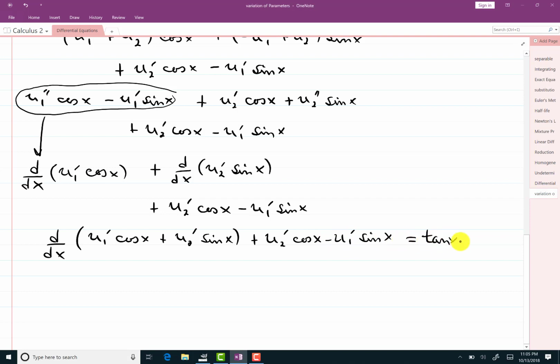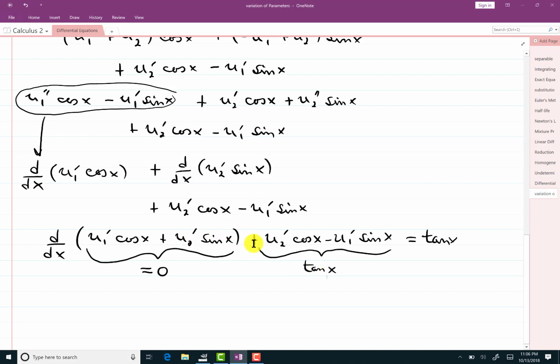Now, if you'll recall, cosine and sine were linearly independent solutions. That means that if they're involved in systems of equations, we can solve them. What I mean by that is the following. I am going to want this piece right here to equal 0. And this piece right here, I'll want to equal tangent of x.